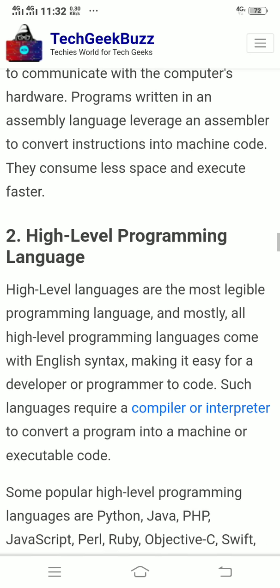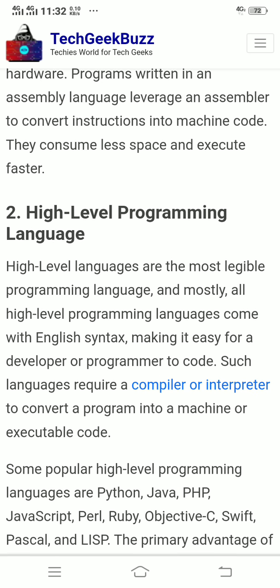There are some popular high level programming languages: Python, Java, PHP, JavaScript, Perl, Ruby, Objective-C, Swift, Pascal, and LISP.